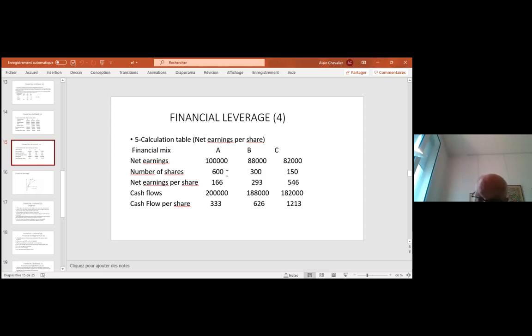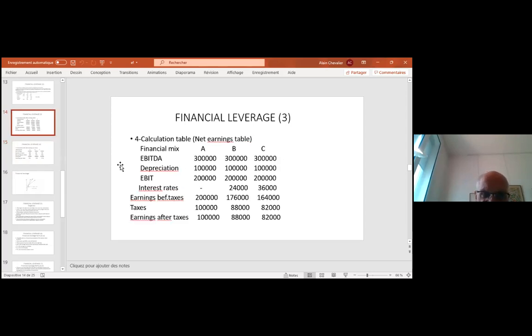At least in that case, 100% equity finance, you know that for a 48,000 level of EBIT, you will get plus 40 as the level of earning per share. But let's try the second calculation.